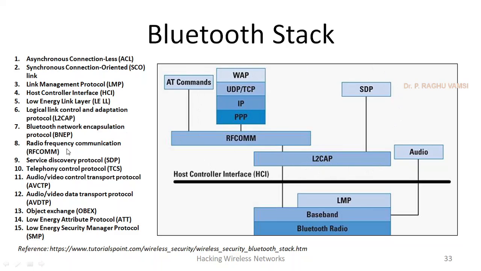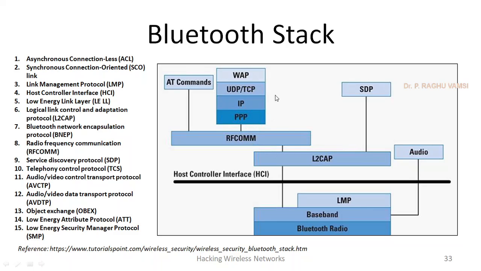Now L2CAP is there. L2CAP means logical link control and adaptation protocol. Whenever it receives that, it will fix the radio frequency communication. It will observe that, and through this L2CAP, SDP was defined. SDP is the service discovery protocol, with which it will identify what services are needed for the request.